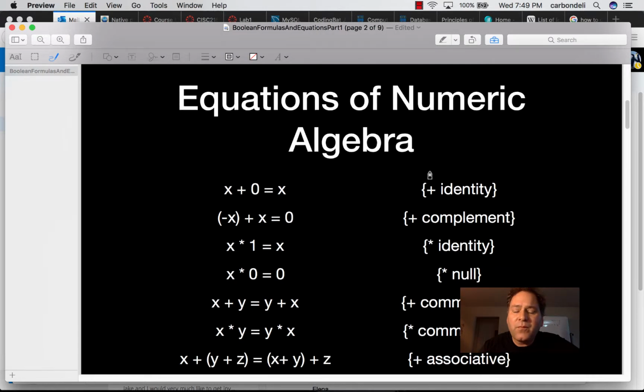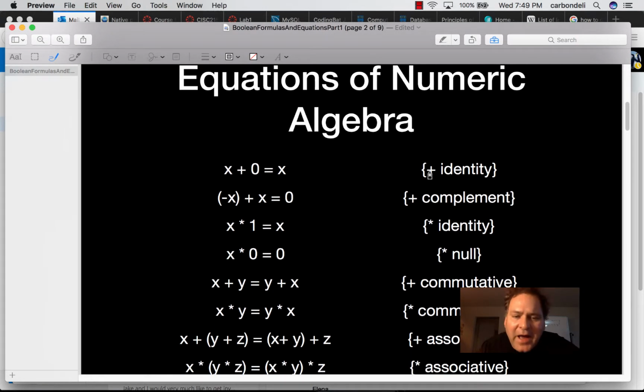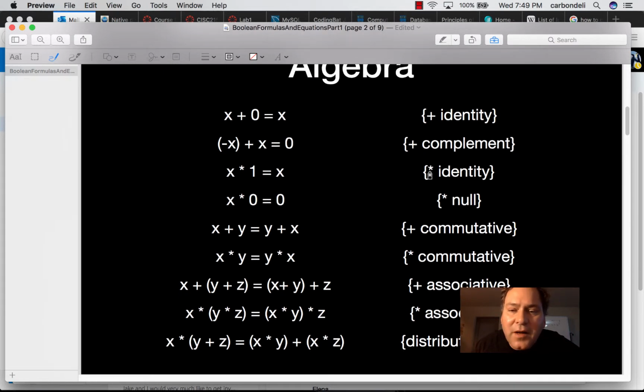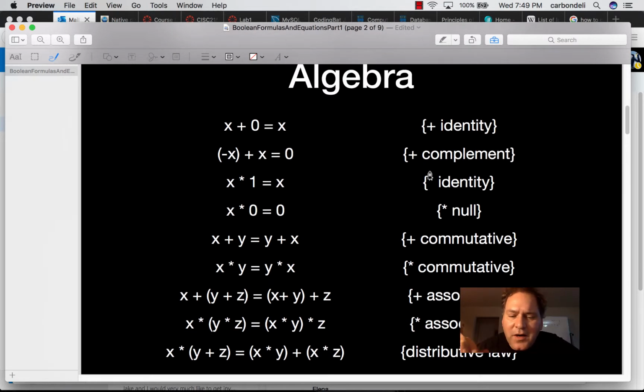And so here are some equations of numeric algebra. These are pretty straightforward. I would expect that most of you would already be able to realize the reasons why these axioms make sense. So say, for example, the identity, which is the first row in this table.